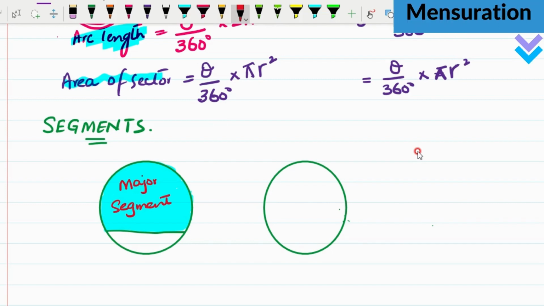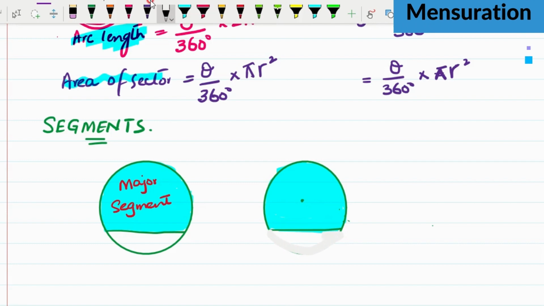Okay. Here, let me draw the same thing. And let me shade it. I'm taking the same portion, and I just need to remove the minor part. Let me remove it.